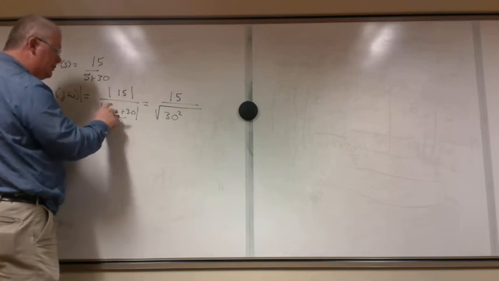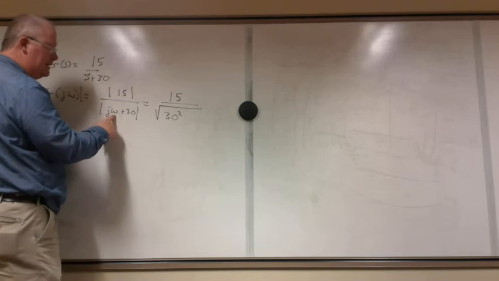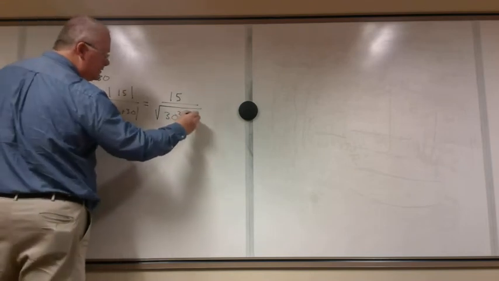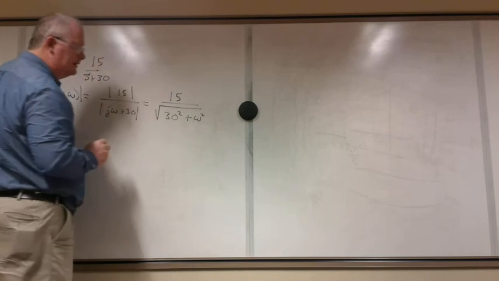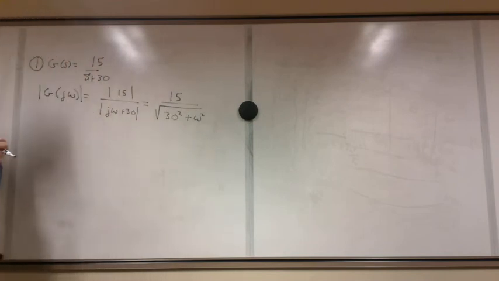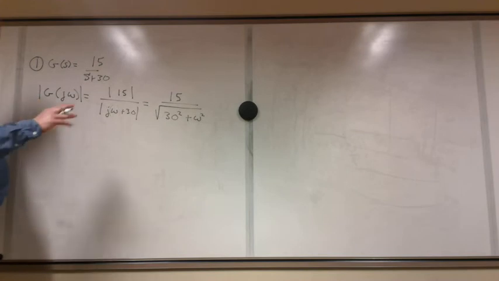The imaginary part is the omega, so it's the square root of 30 squared plus omega squared, like that. The J does get squared later in second order systems, for example, but not in this context. And so that's it. That is the expression for the magnitude of G of J omega.